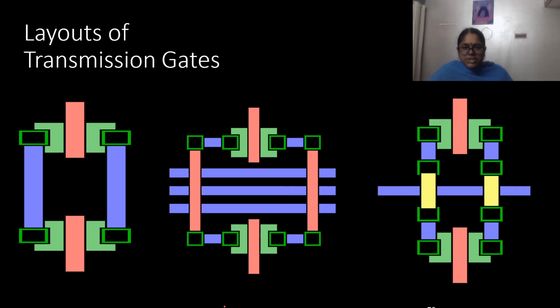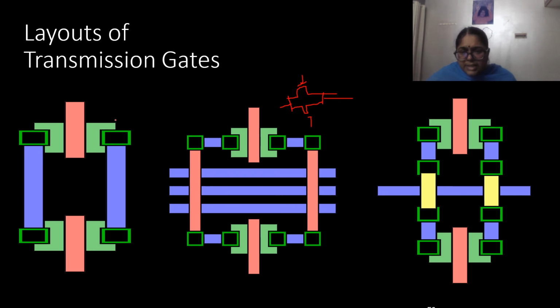Now the transmission gate, all of us know that the transmission gate is a PMOS transistor and one NMOS transistor connected together, wherein NMOS transistor gate is connected to the control signal, PMOS transistor gate is connected to complement of the control signal.